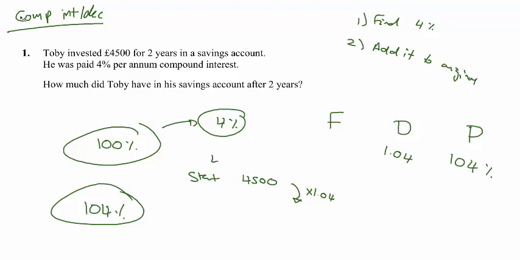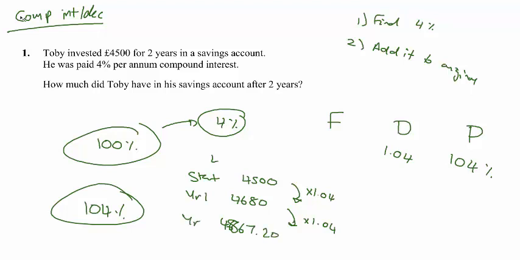See what happens. You'll get the exact same answer. Year 1, 4,680. Now multiply that by 1.04 again, and you can skip that extra line of working completely.